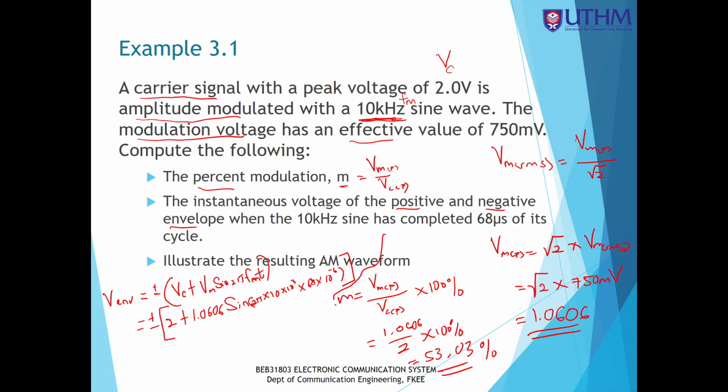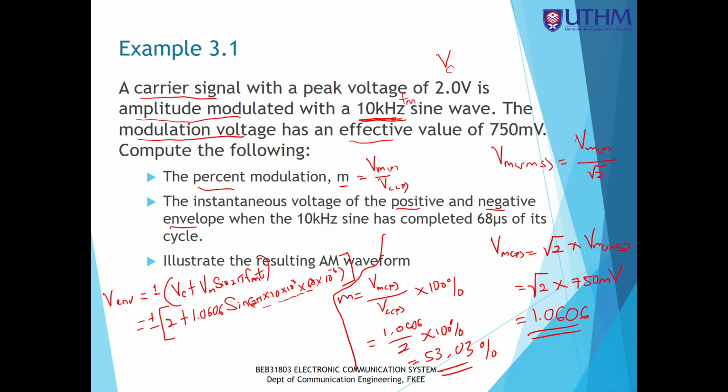If you want to do this, first of all you need to change your calculator into radians. Then calculate in this bracket first: 2 pi times 10k times 68 micro.